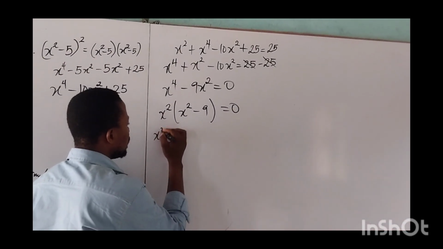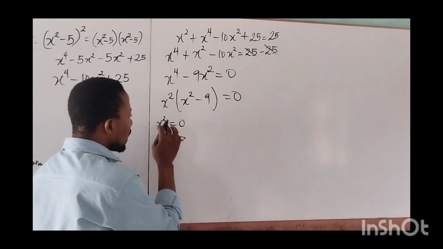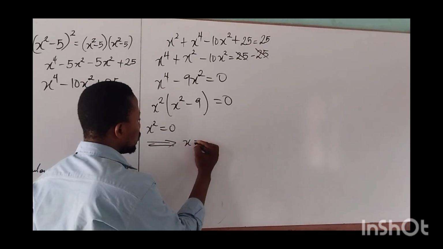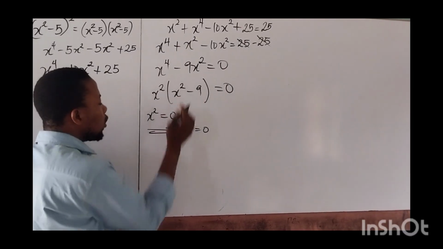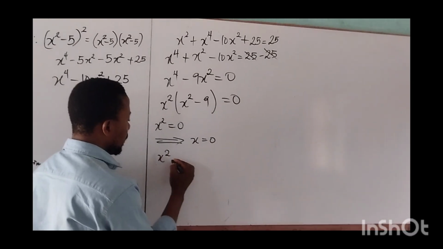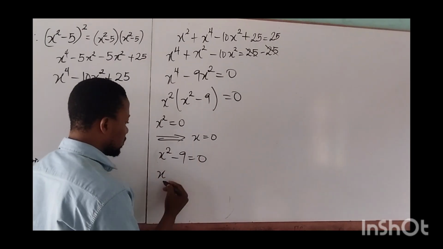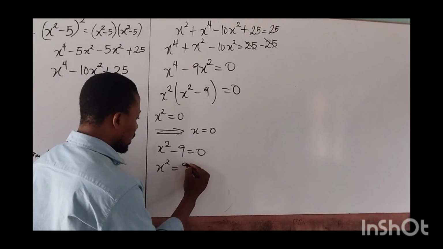So x squared is equal to 0 to imply that x is equal to 0. And this one also, I can say x squared minus 9 is equal to 0 to give me x squared equal to 9.